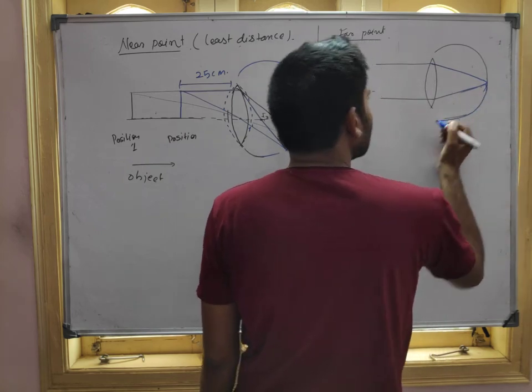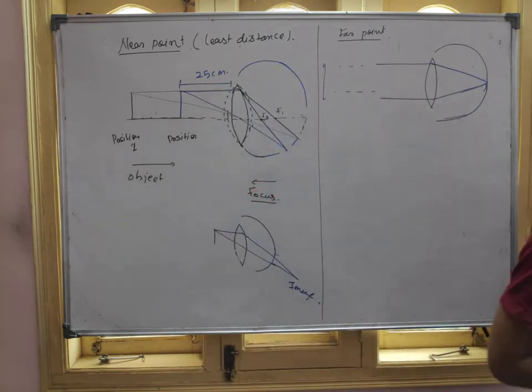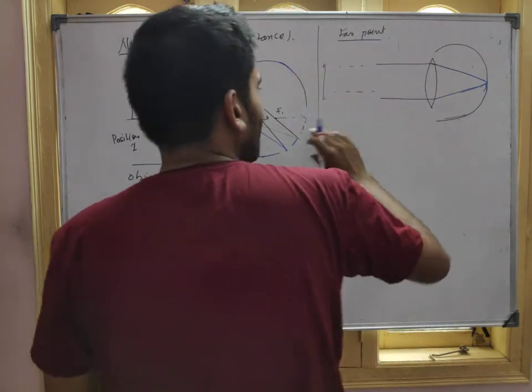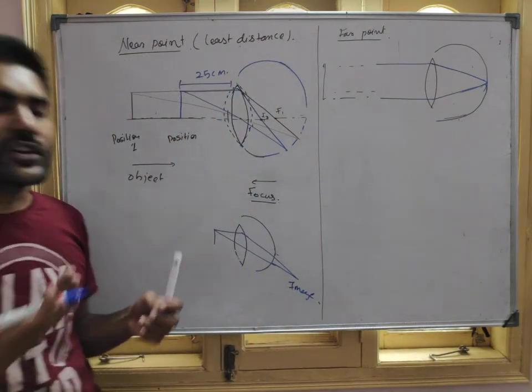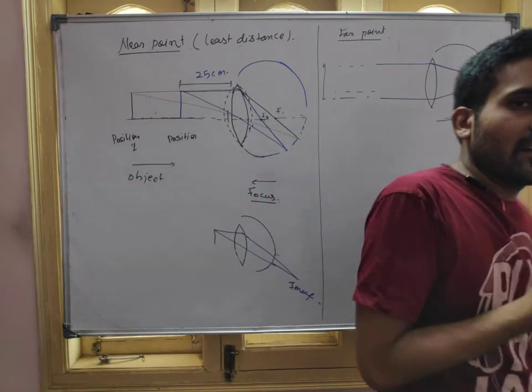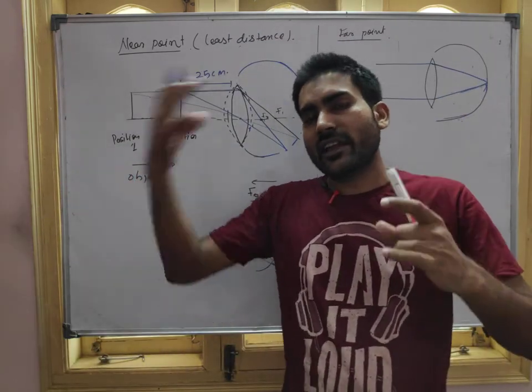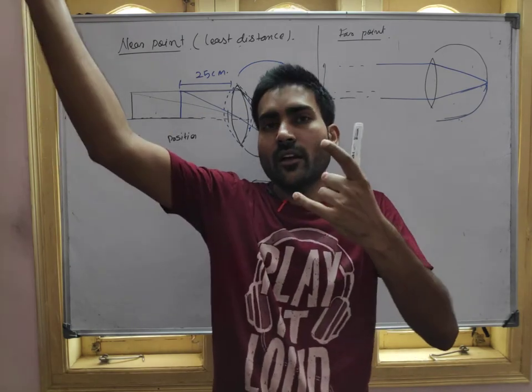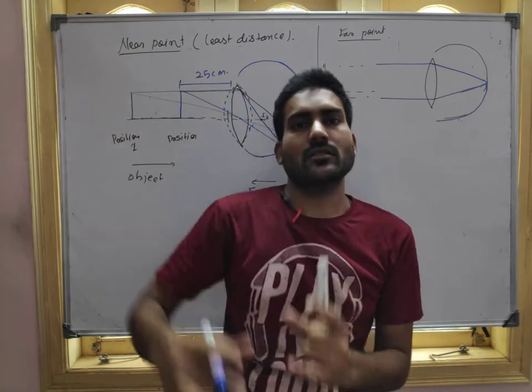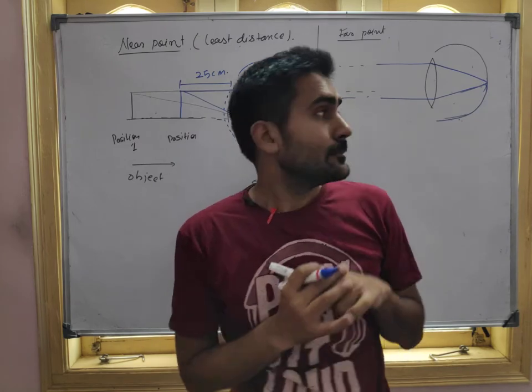Okay, it means there is no far point for the human eye, because obviously the rays are parallel. You can see the sun, you can see the stars. They are very, very far from our sight, but we can see them. Why? Because they are at infinity, and the light rays coming from them are parallel, so we can see them, right?